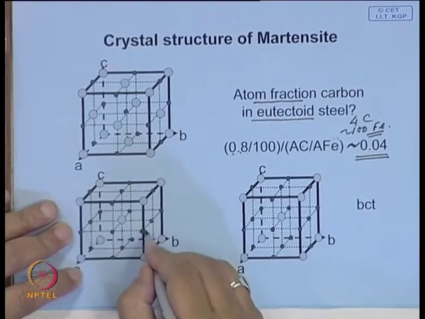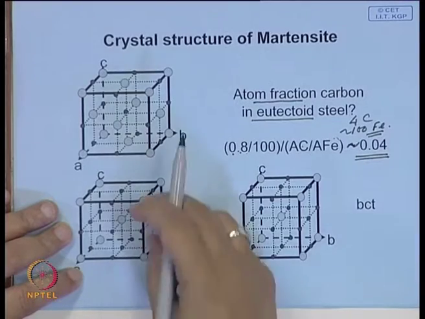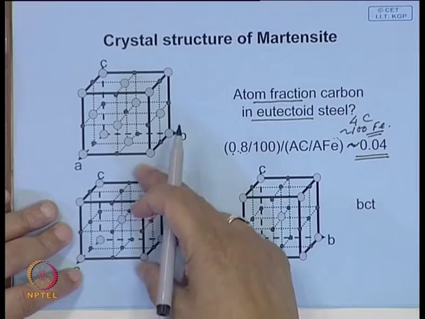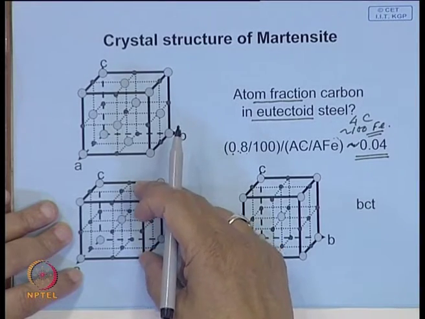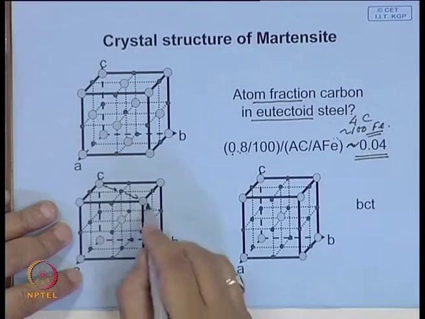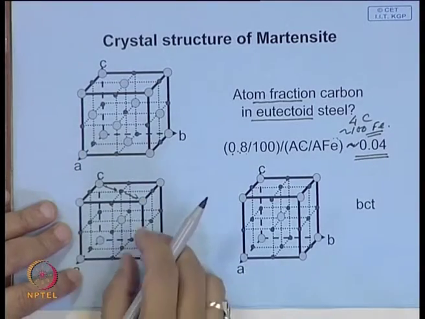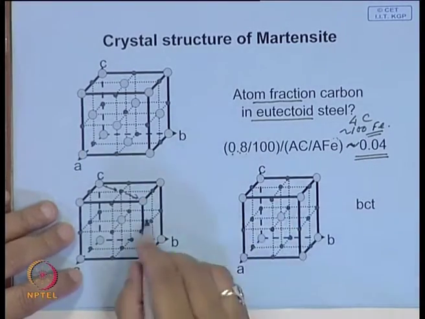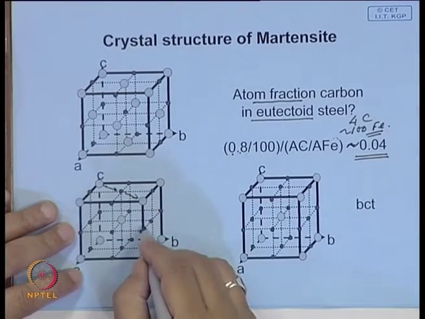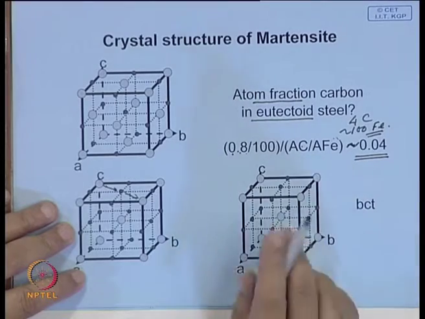But what happens if you do the same thing here? What I mentioned is if you have a site here, this gap is very small. So, this will try to expand, whereas this side is much larger than this gap. Therefore, if you want to keep more carbon in the lattice, it will get distorted.